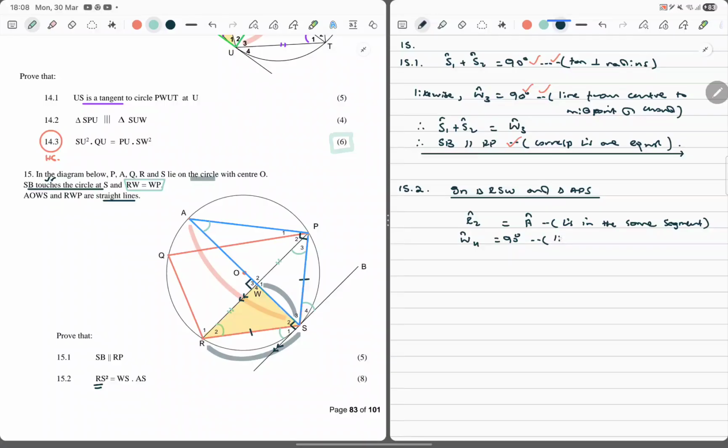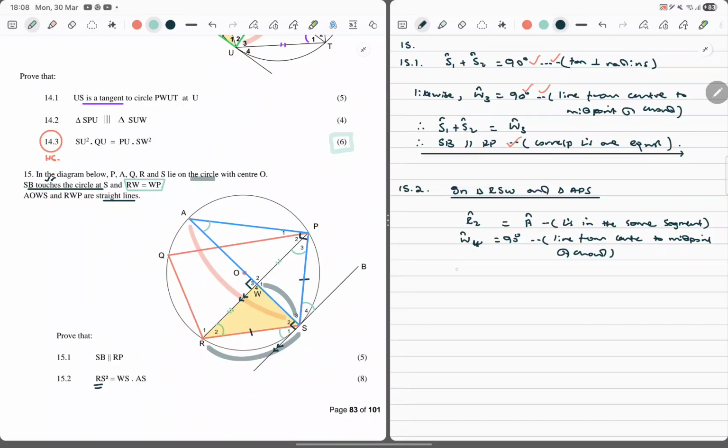I can just say line from center to midpoint of chord will be perpendicular to the chord. Easy. And then there are other reasons. You can use co-interior angles or angles on a straight line. It's up to you, really.